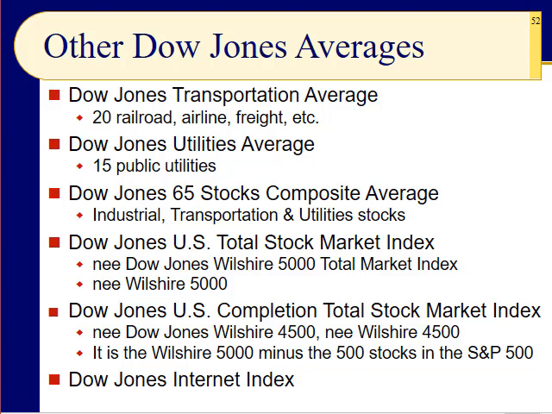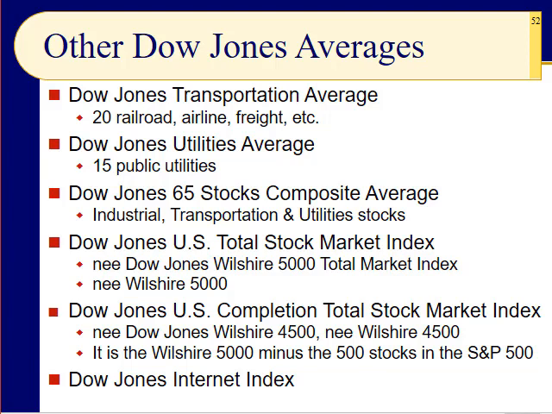Completion. Well, I liked Wilshire 5000, Wilshire 4500, because the Wilshire 5000 is trying to show you everybody, all the stocks, big companies, small companies, medium-sized companies. And then the Wilshire 4500, the Dow Jones U.S. completion total stock market index, say that 3 times fast, that gets rid of the top 500 stocks that are in the Standard & Poor's 500.